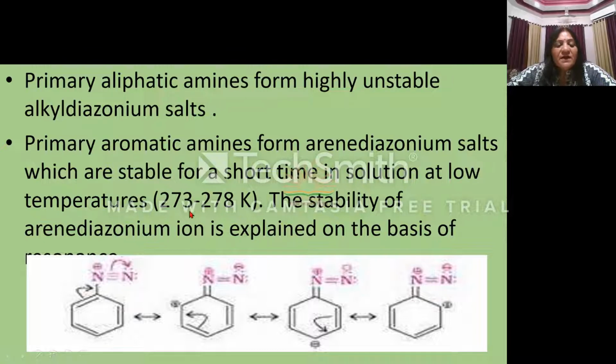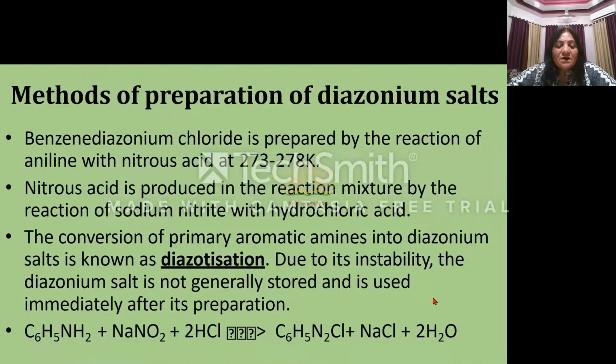The stability of arene diazonium ion is explained on the basis of this resonating structure. This is stabilized by these 4 resonating structures. Now the methods of preparation of the diazonium salts. The conversion of primary aromatic amine into diazonium salt is known as diazotization. What is diazotization?